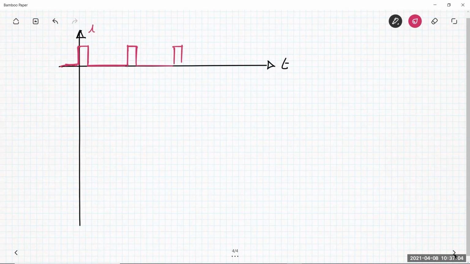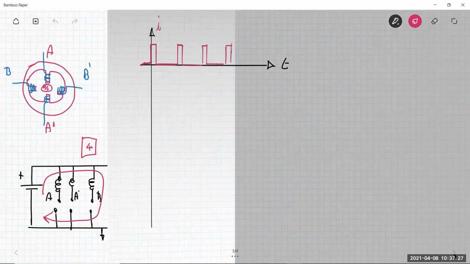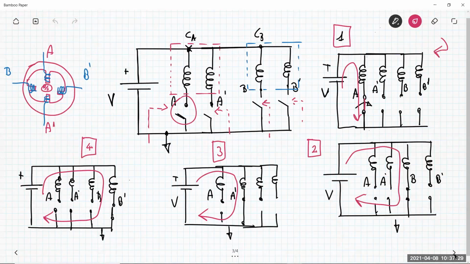I call this signal I in the slide you can see. This quantity here is periodic, so you have a period here. For example, let me just consider the first step. Suppose that the first step is associated with the first rotation, step number 1.